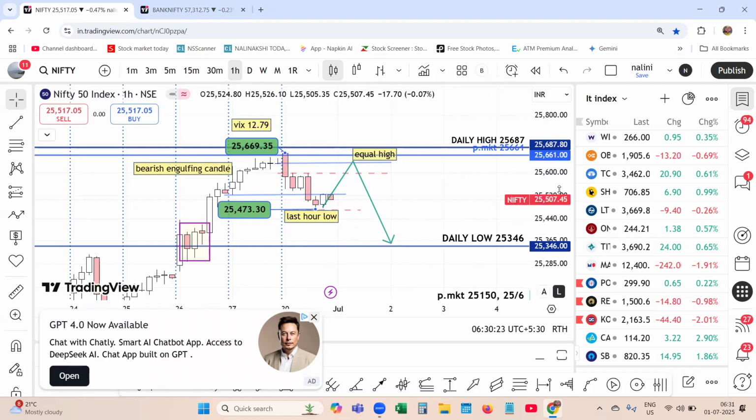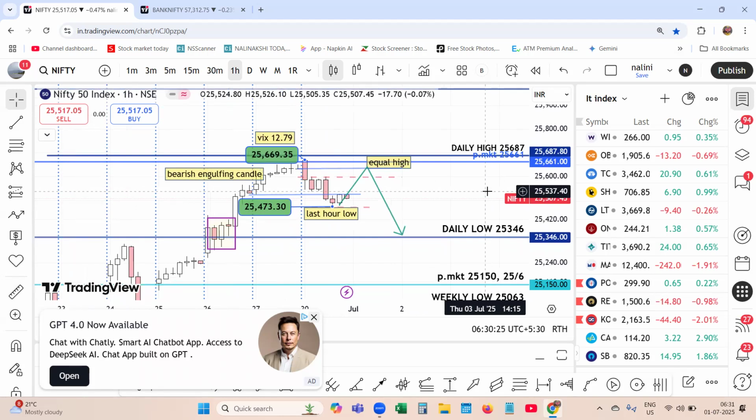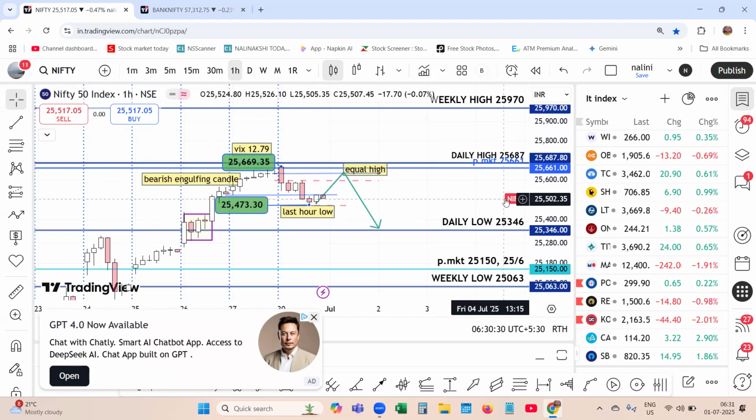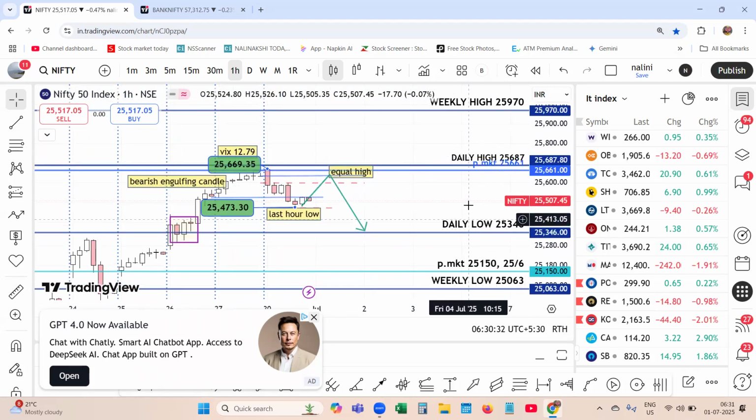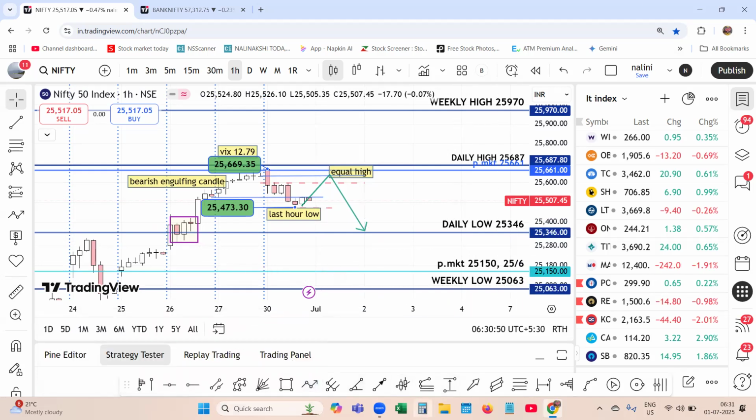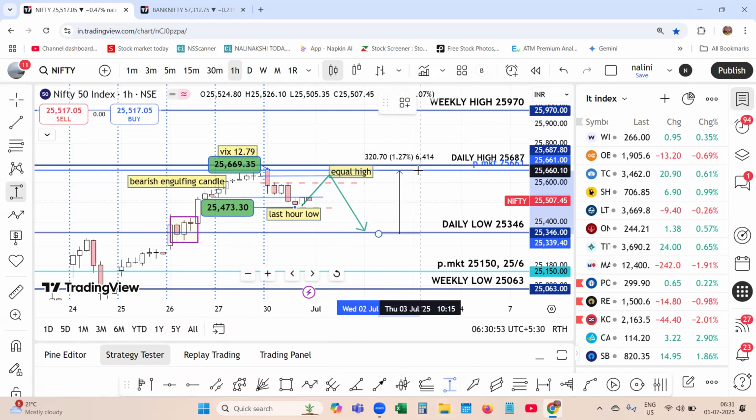So, based on the India VIX, the India VIX reading is 12.79. I am getting the calculation and the levels to be 25,687 and daily low to be 25,346. These are the immediate boundaries for the market, which is within the range of 320 points.